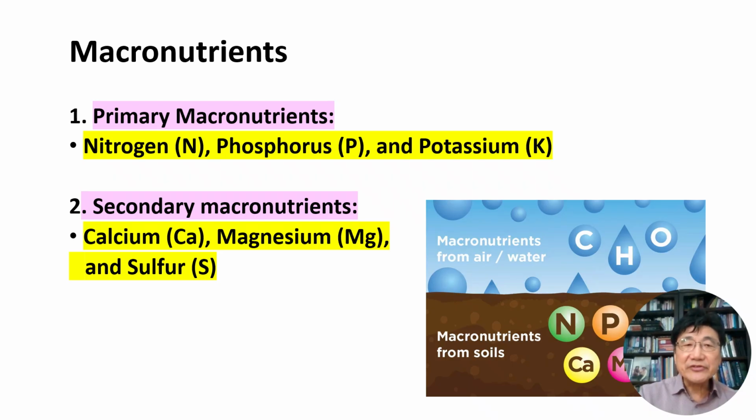The macronutrients are subdivided into primary and secondary macronutrients, and include carbon, hydrogen, and oxygen, which are absorbed from air or water, and nitrogen, phosphorus, and potassium, which are absorbed from soil. Macronutrients are essential mineral elements that plants need in large amounts.